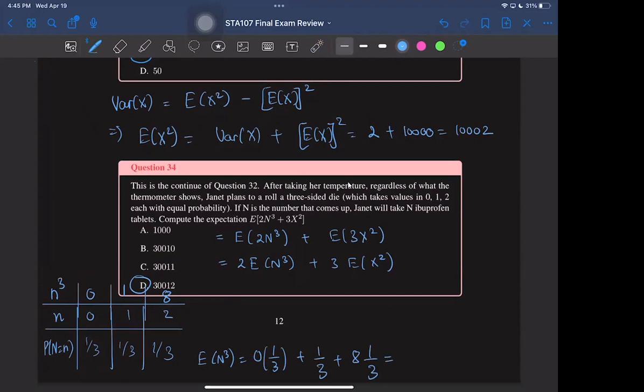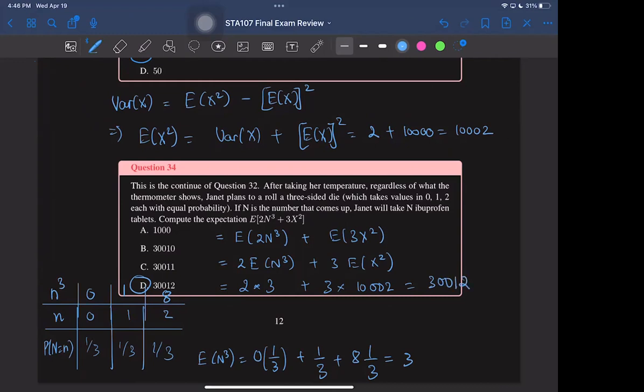And this should give us, the first term is 0, and then I have 9 divided by 3, which is 3. So I have 2 times 3, and then 3 times 10,002, and this gives us 30,012.